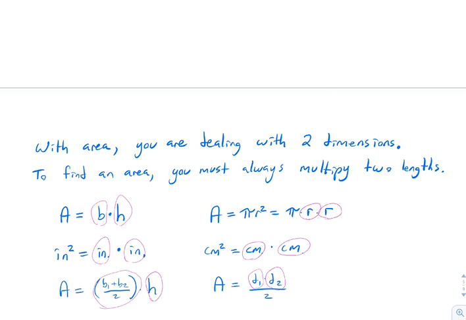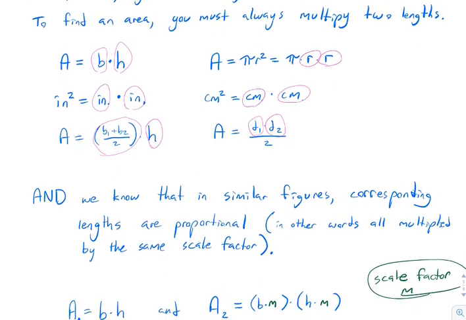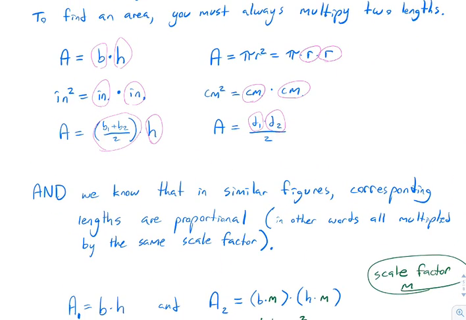If I enlarge every single one-dimensional length by the same scale factor, so every one of these bases, heights, inches, averages of the bases, diagonals, if every single one of those gets enlarged by a scale factor, look what happens. We get base times height becomes base times m times height times m.